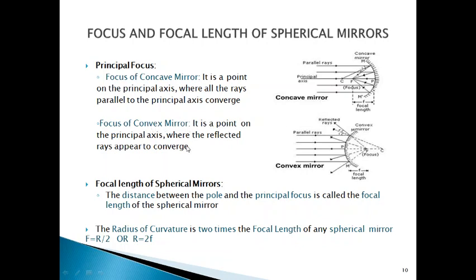It is the point on the principal axis, same as for the concave mirror, where the reflected rays appear to converge. Now see, the parallel rays of light are incident on the convex mirror. After reflection, what happened? See, they are reflected back in this way.